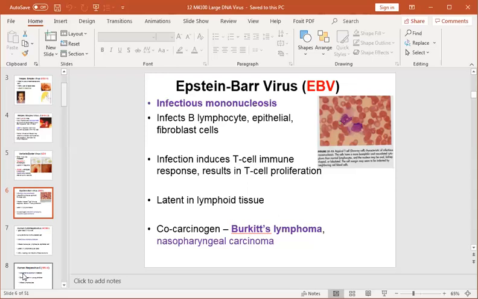Remember, the virus infects B lymphocytes, so those B cells can become cancerous, which we call Burkitt's lymphoma, and epithelial cells of the nasopharynx can become cancerous, which we call nasopharyngeal carcinoma.